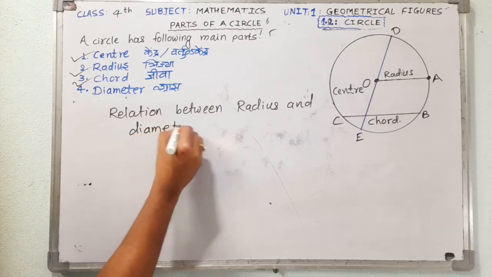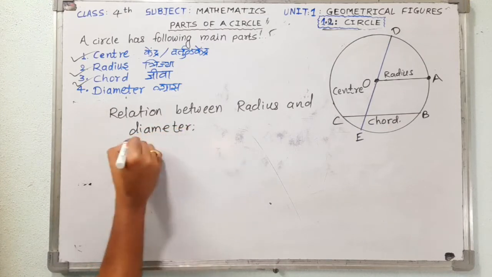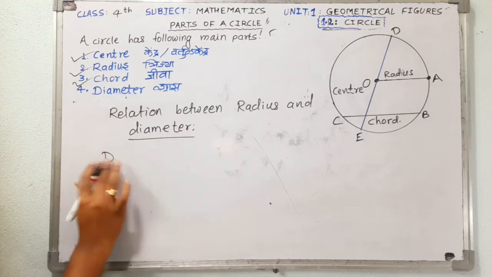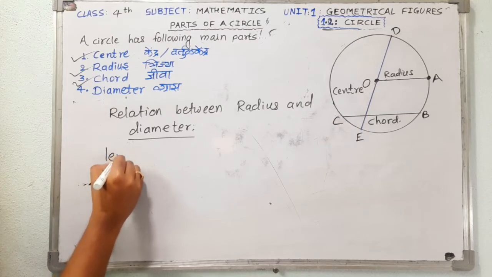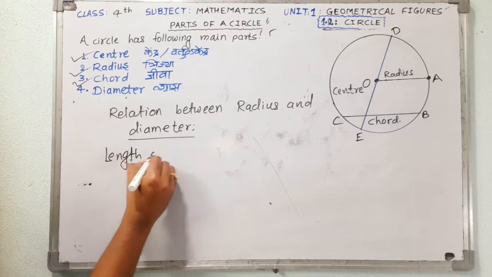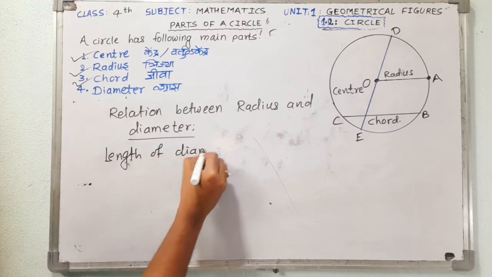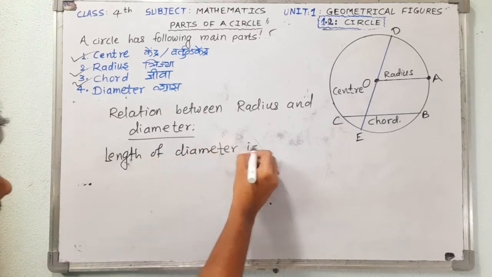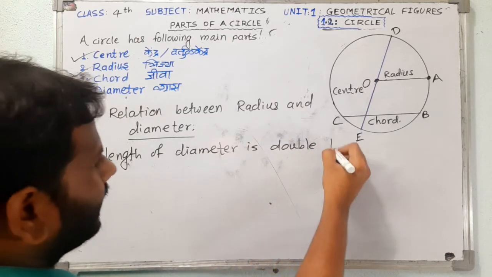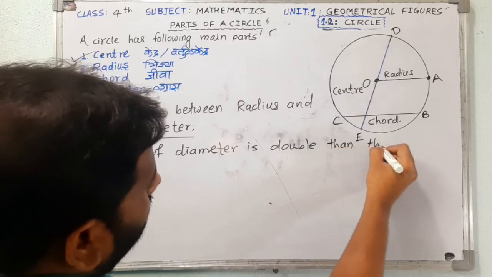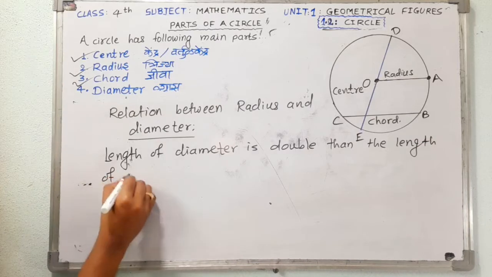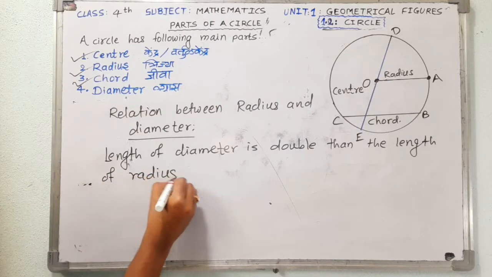Yes, the length of diameter is double the length of radius, right?